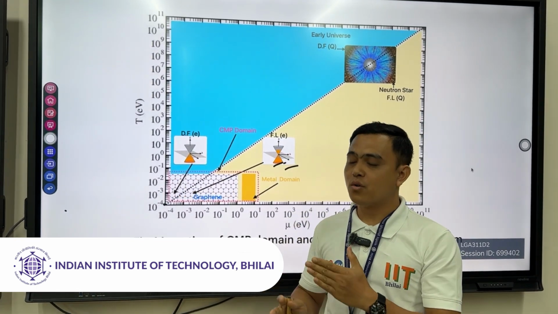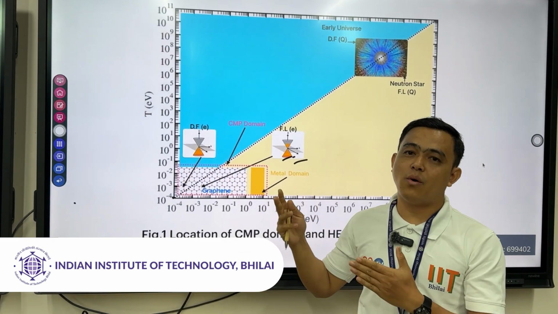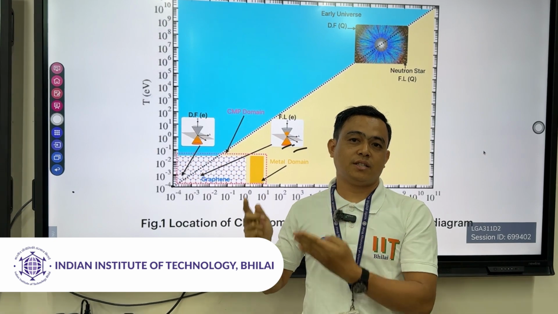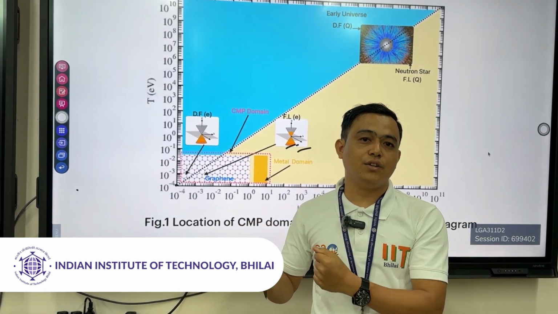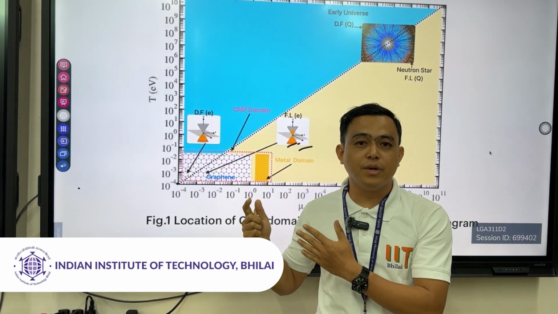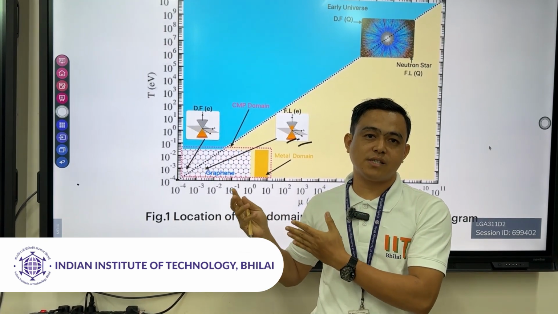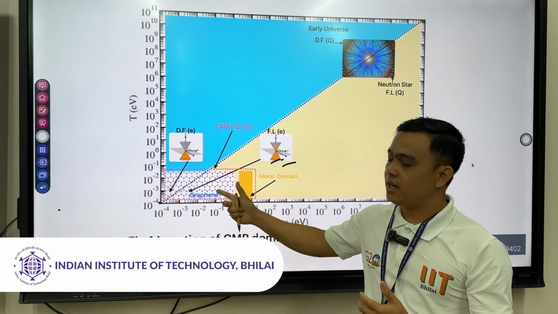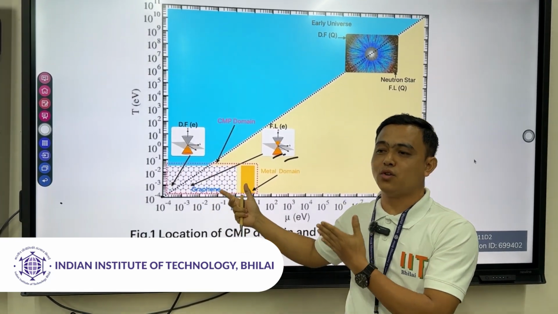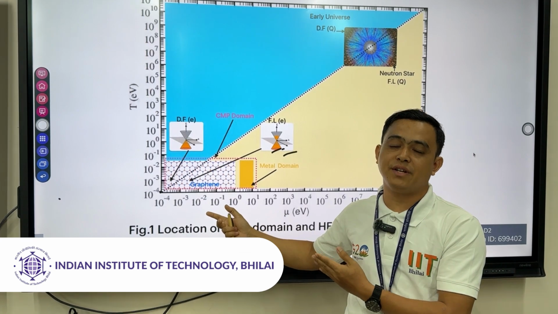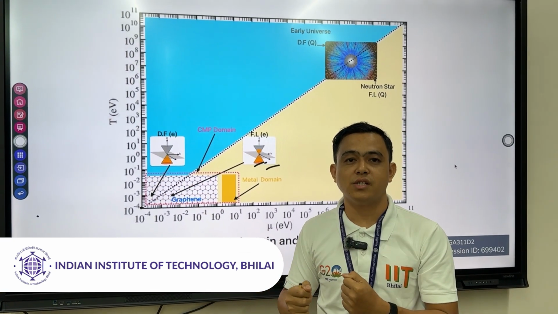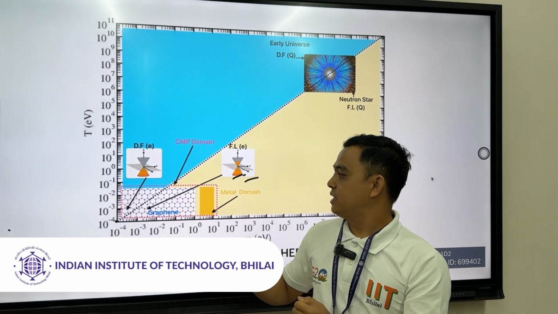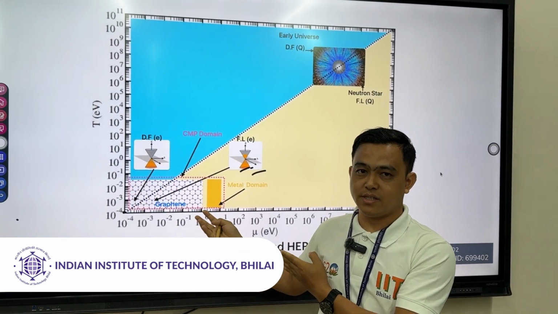Before going to the explanation of our result, let's see the terminology of derived fluids and Fermi liquids in two regions, both high energy physics and condensed matter physics. Here you see the condensed matter physics domain is at very low temperatures and low chemical potentials. So we can say this is an extremely low temperature case.